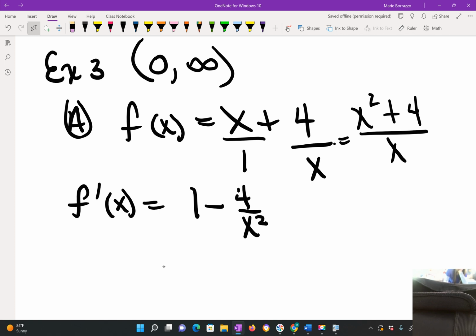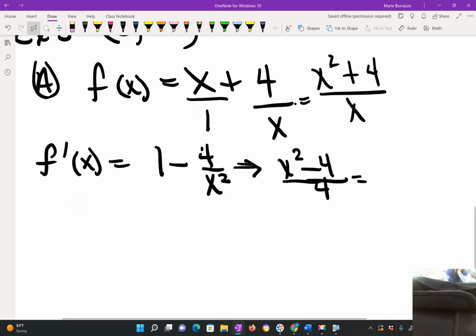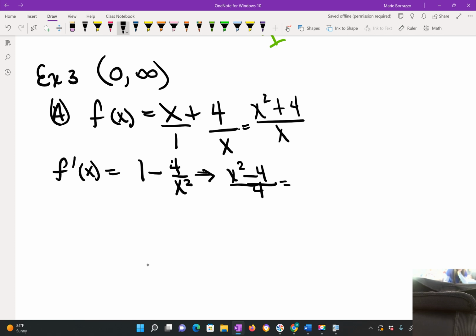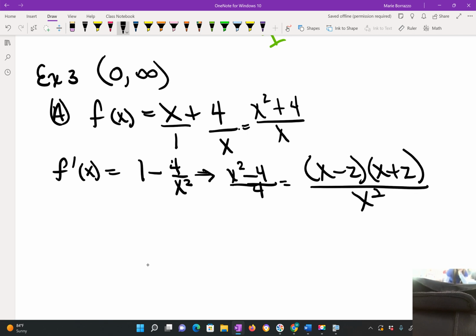Which if we factor this, again we need to obtain a common denominator. So this will become x squared minus 4 over x squared, which can be factored further as x minus 2 times x plus 2 over x squared.